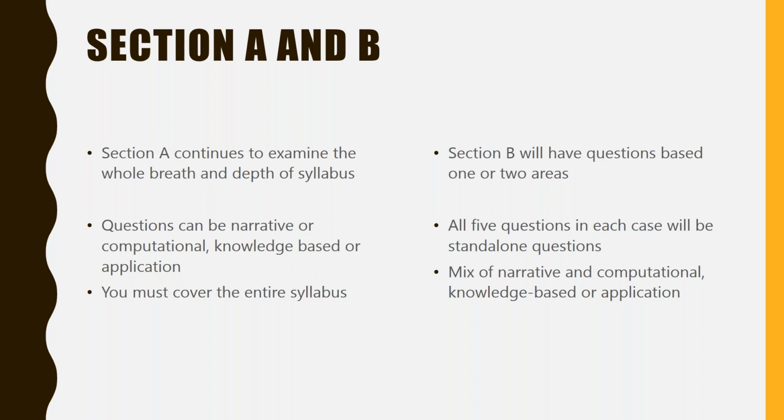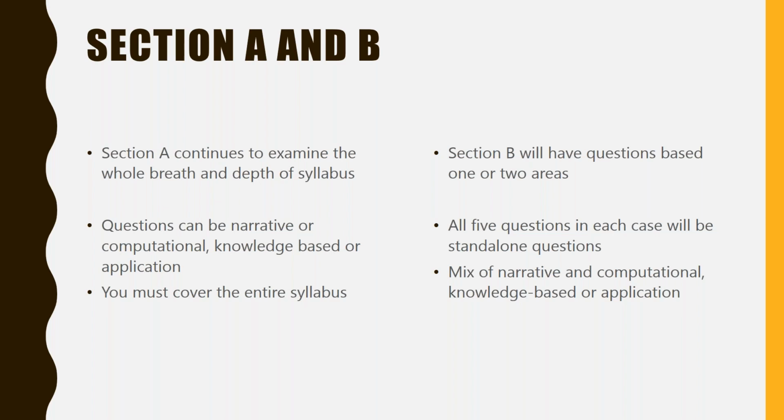So you can't leave out stuff. There isn't a particular part of the syllabus that's more important than the other. Impairment is equally important to earnings per share, to deferred tax, to interpretation, to calculation of goodwill. So we have to have a good understanding of the whole syllabus in order to score well in this exam.